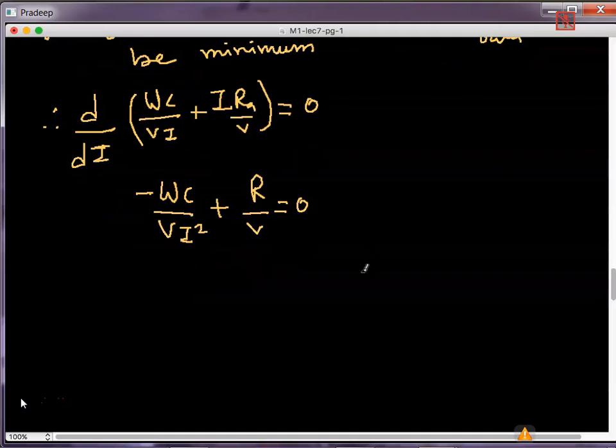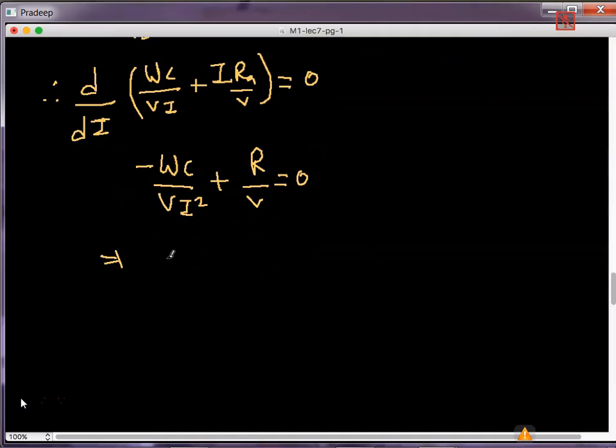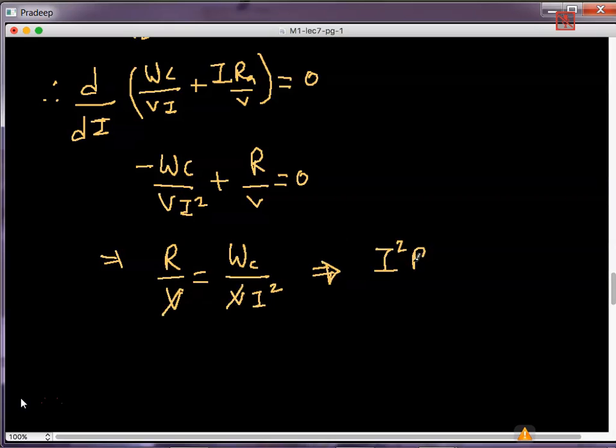So this implies that RA by V equals constant loss by V into I square. So here V can be cancelled. So this implies that I square R should be equal to WC.